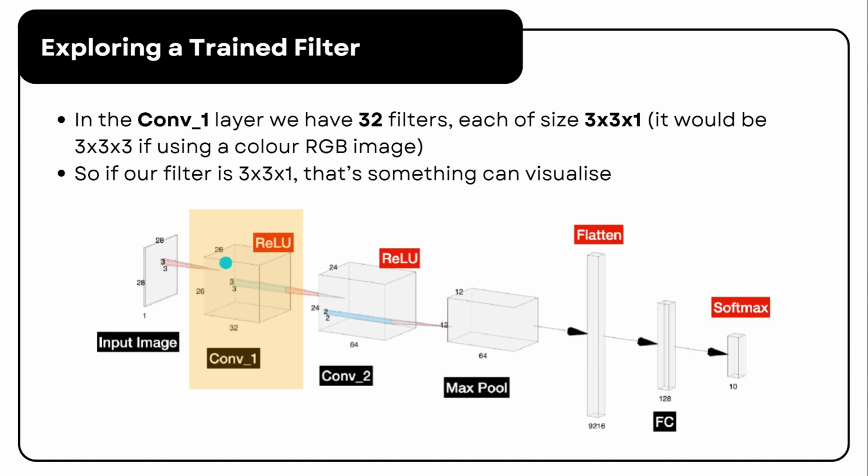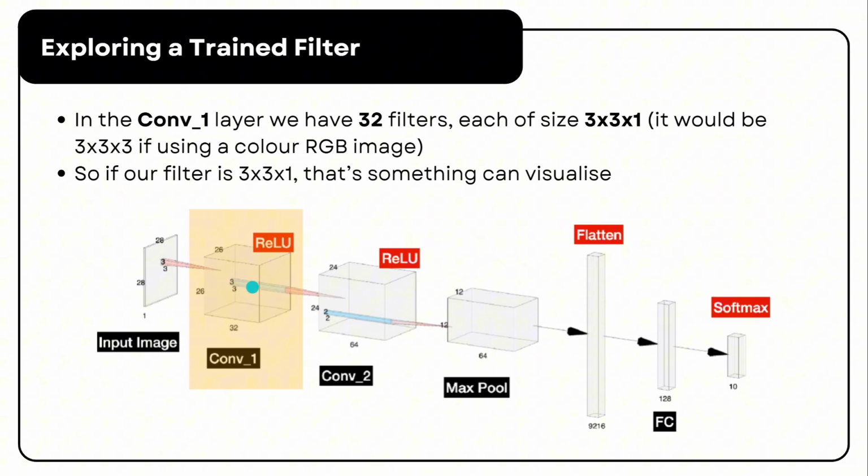So for each filter in this conv1, we have 3 by 3 by 1, and the depth is 32. So we have 32 times 3 by 3 by 1 in this case. These filters are used to scan over the input image and generate feature maps, which you can see in this diagram.